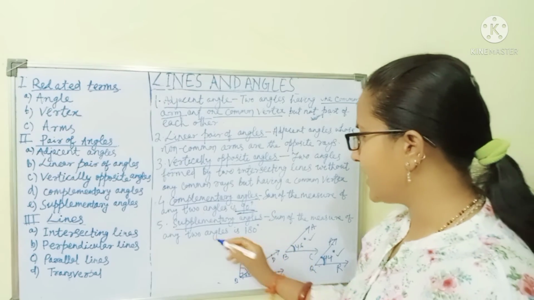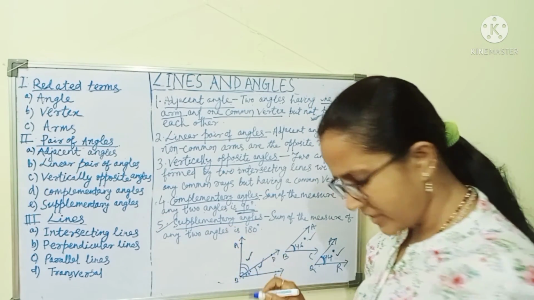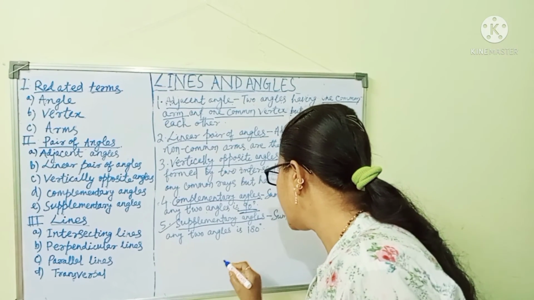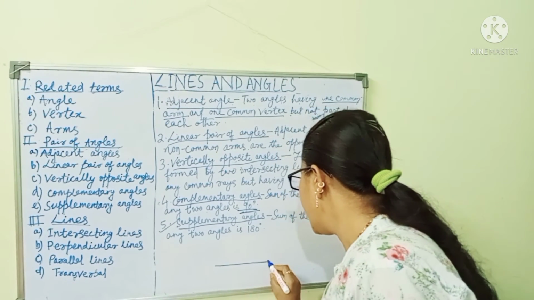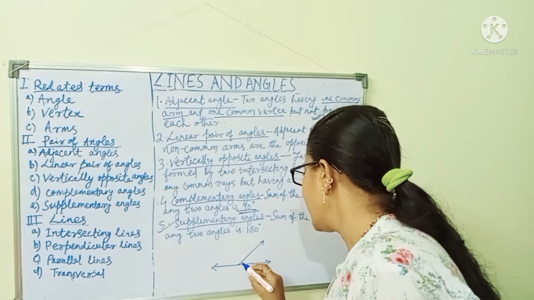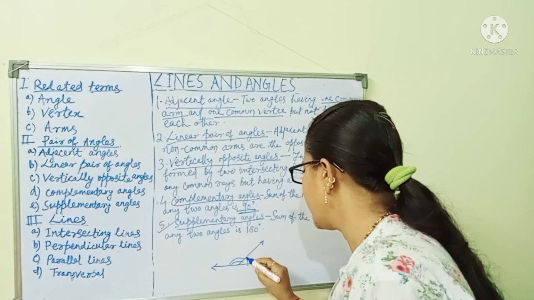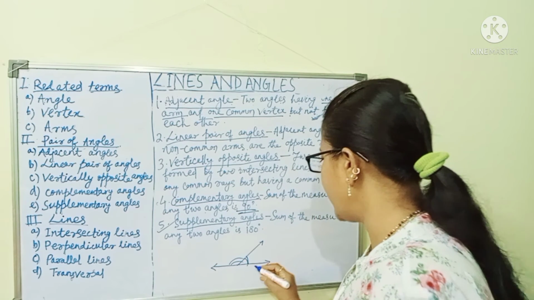Now the last one is supplementary angles. If I draw a linear pair of angles, that is the best example of supplementary angles.